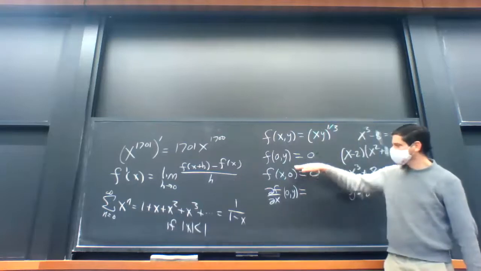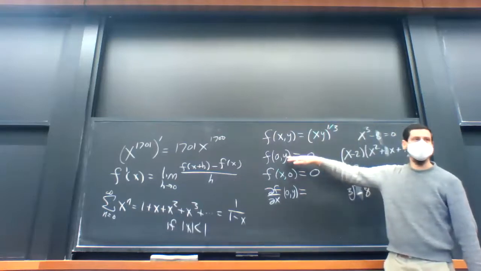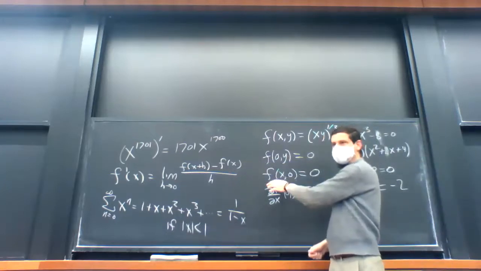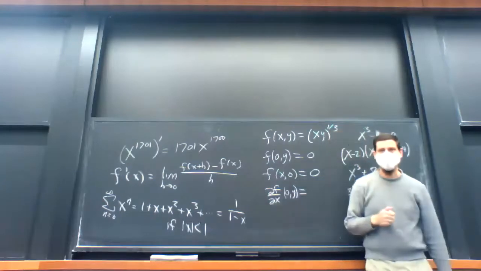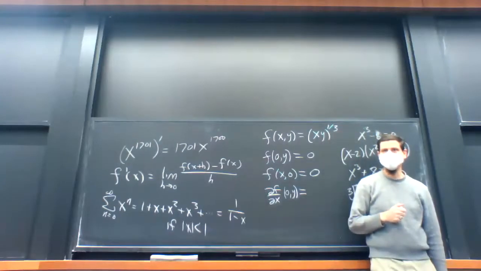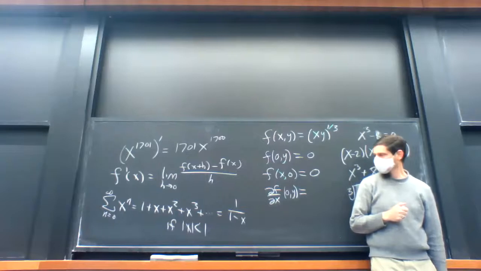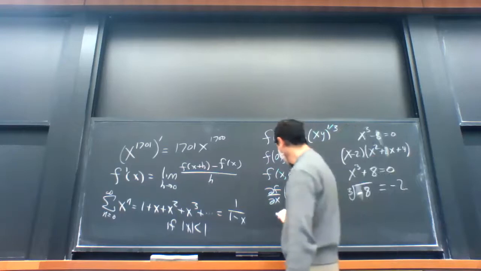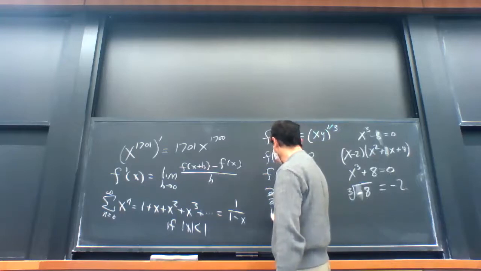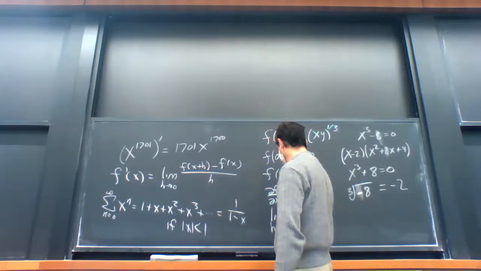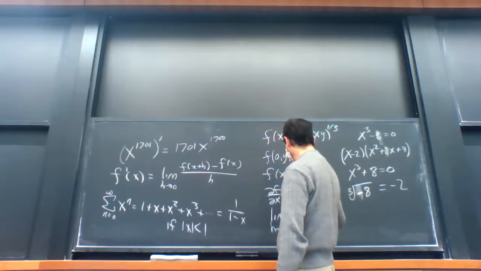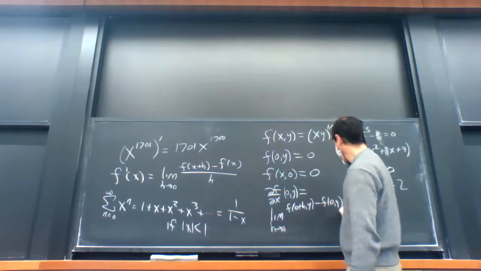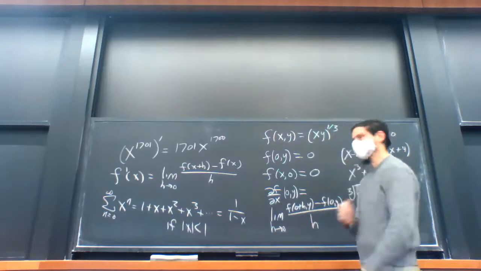So if I tell you the function is always 0, when we go back and go into the definition and you change by a little bit, do we still expect to get 0? Let's see. So let's calculate. So we would look at the limit as h goes to 0, f of 0 plus h comma y minus f of 0 comma y over h.